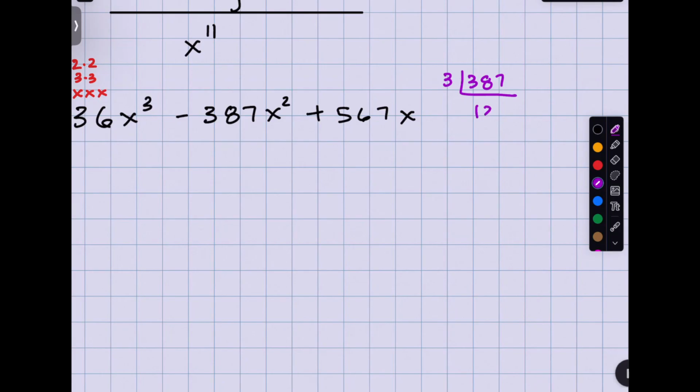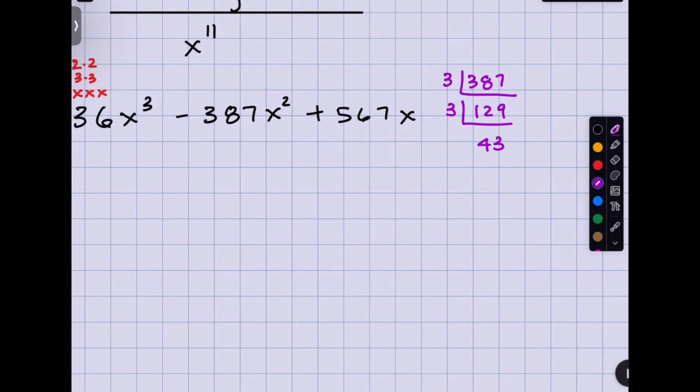129. Does 3 go into that? 1 plus 2 plus 9 is 12, so yes. How many times? 43. Anything else go into that? 4 plus 3 is 7, so it's not divisible by 3.